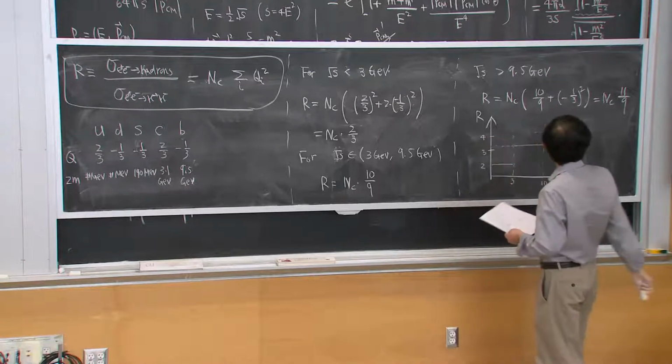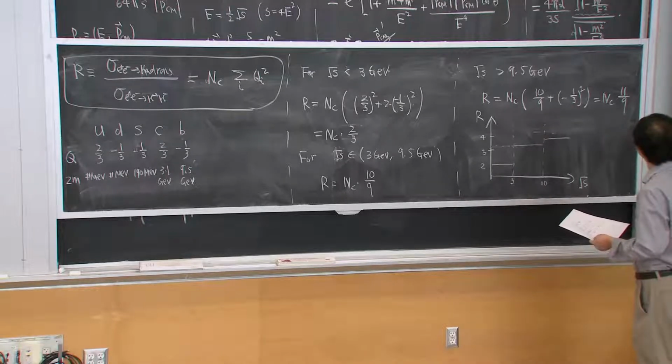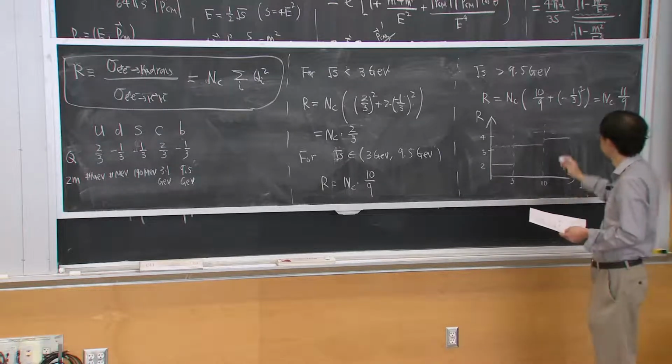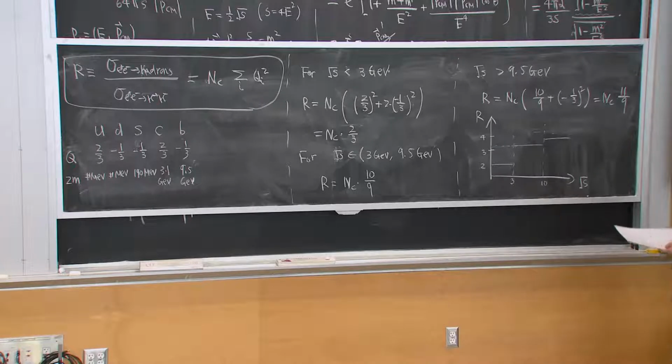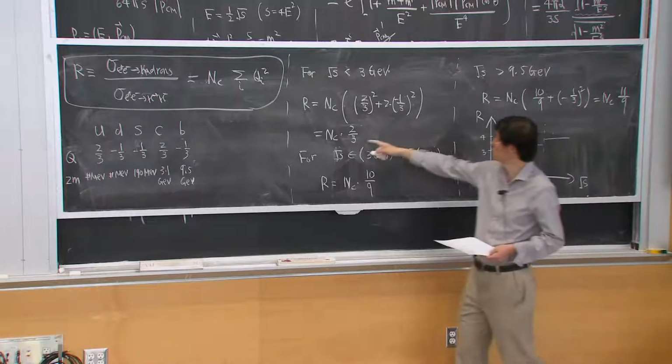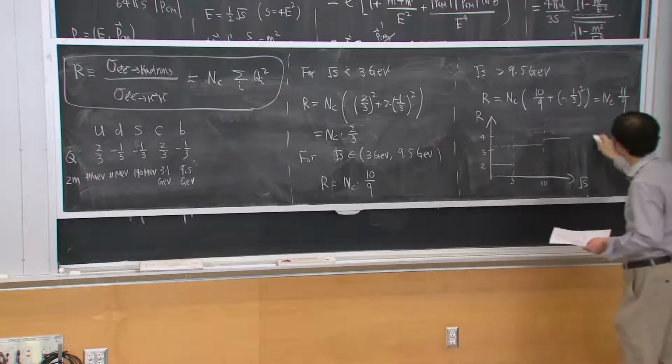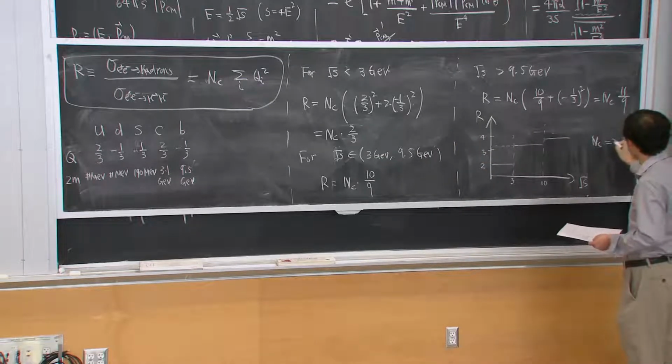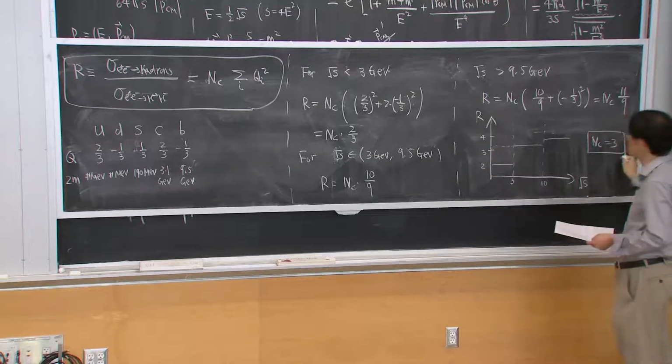Anyway, if you compare with these numbers, you conclude that NC is actually exactly 3. Yeah, NC is 3, to be compatible with this experiment.